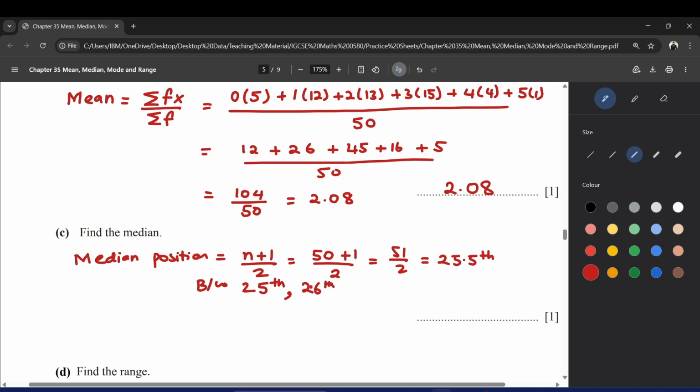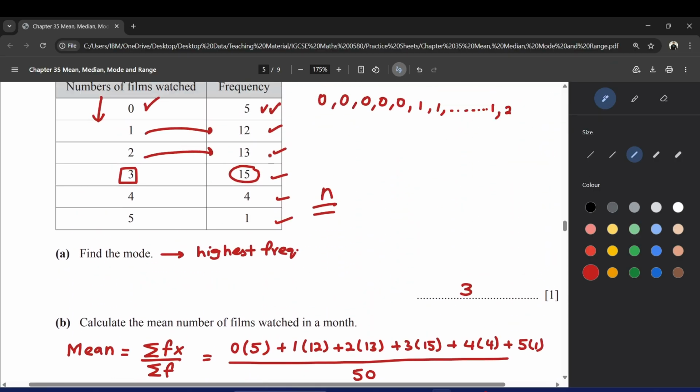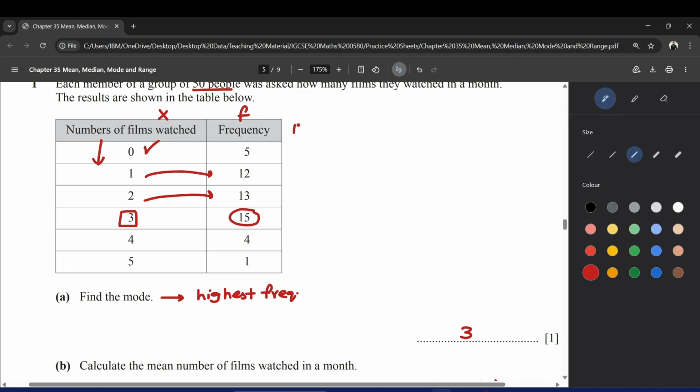Now in order to clearly see where is my 25th, we need another column in this case, and that would be the column for cumulative frequency. Just for short form, I'm writing CF. So the first one is going to be 5.